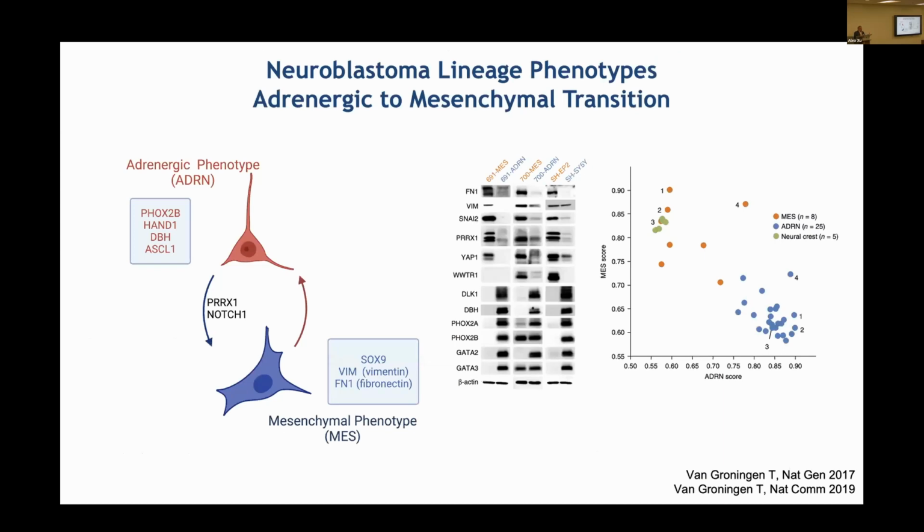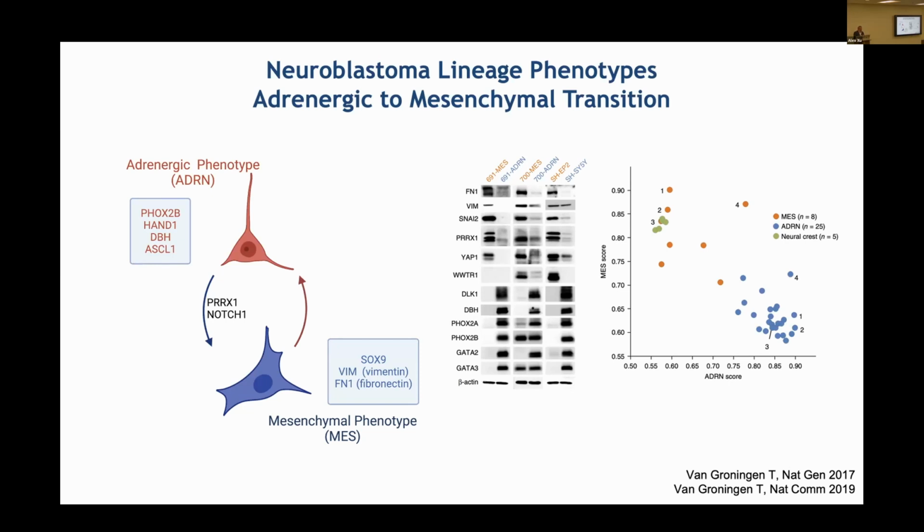This is where I have to tell you a little bit about some of the aspects in the literature that I have found. We've known for many years that neuroblastoma cells in culture have two different phenotypes. One's called a mesenchymal phenotype, and one's called the adrenergic phenotype. You can think about it similarly to adult cancers, if you're familiar with the epithelial-to-mesenchymal transition. It's happening in these neuroblastomas as well, where certain markers of the tumors that we've known to be true identifiers of neuroblastomas, such as PHOX2B, get downregulated, and there's an increase in SOX9 and fibronectin.